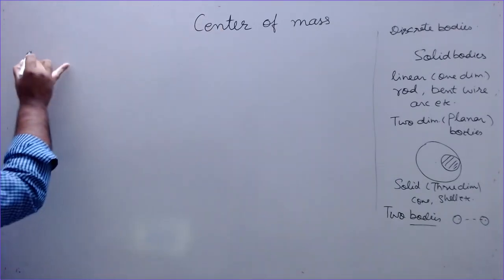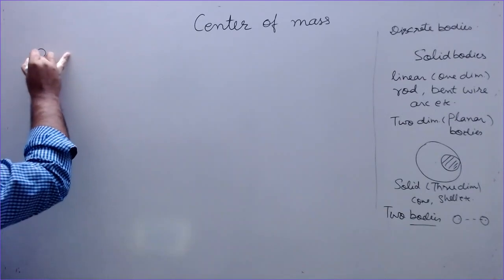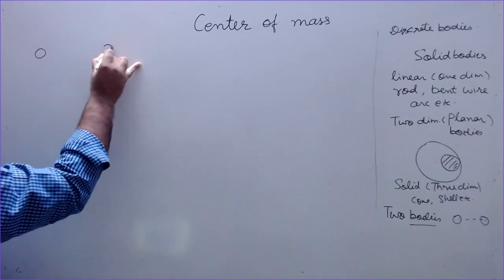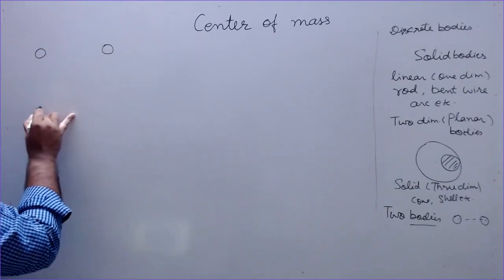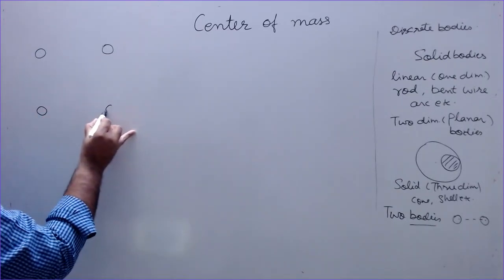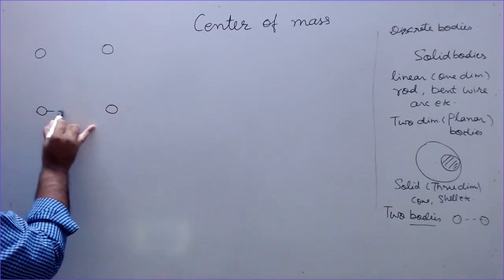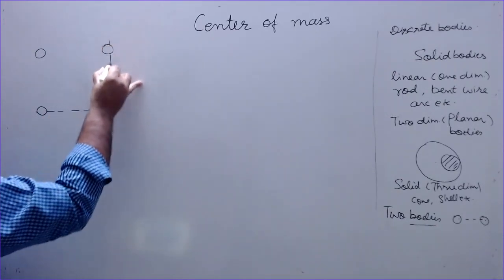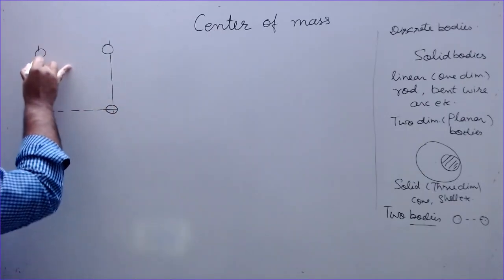So the question is, we are having these bodies of different masses that are kept at the corners of a square.